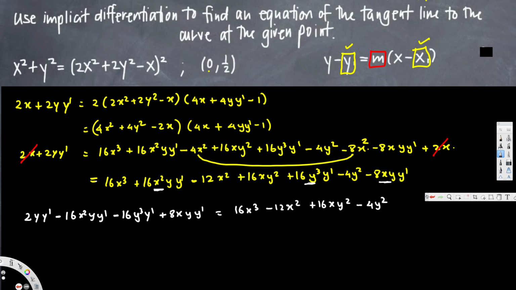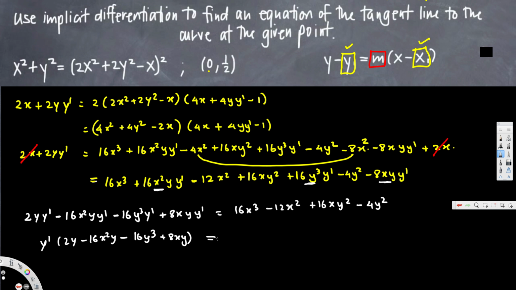Okay, now to solve for y prime, we are going to take the y prime common. If we do that, this is going to become 2y minus 16x squared y minus 16y cubed, then plus 8xy, and on the other side of the equation we are going to have the same thing: 16x cubed minus 12x squared plus 16xy squared minus 4y squared.